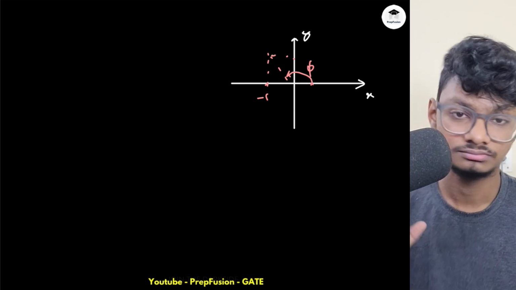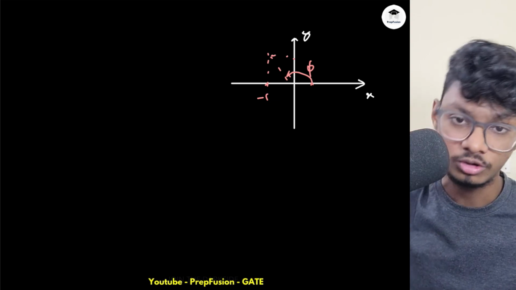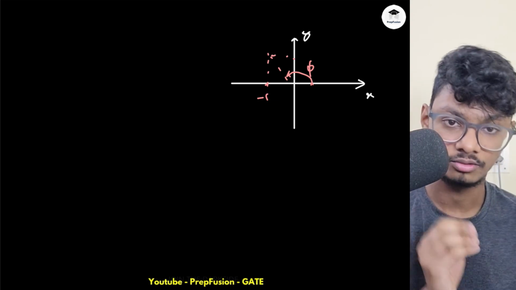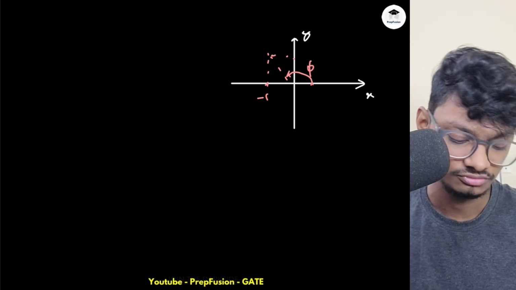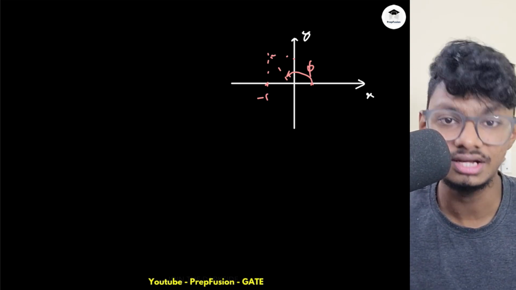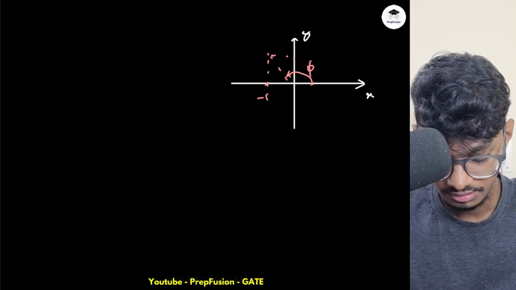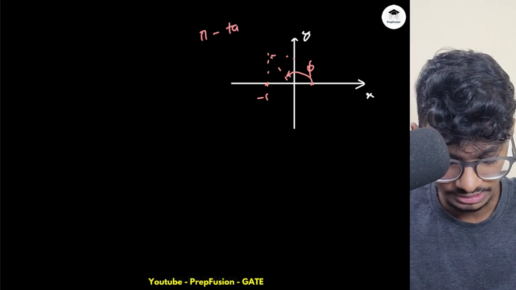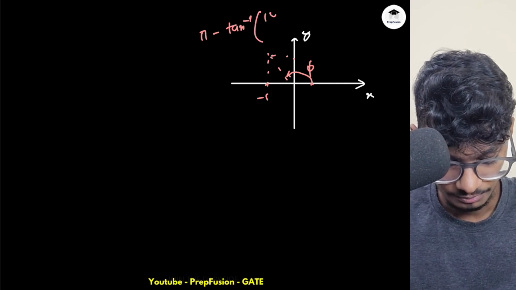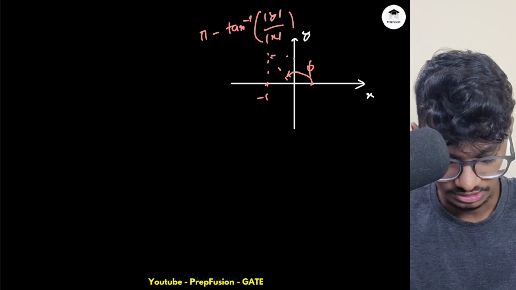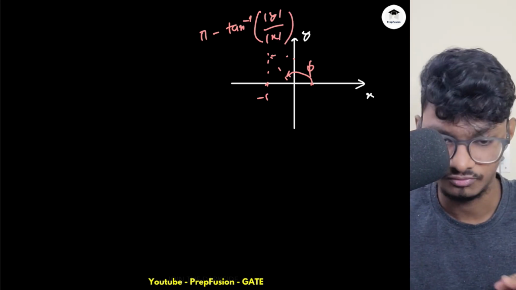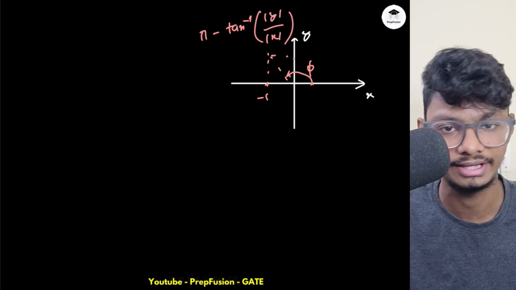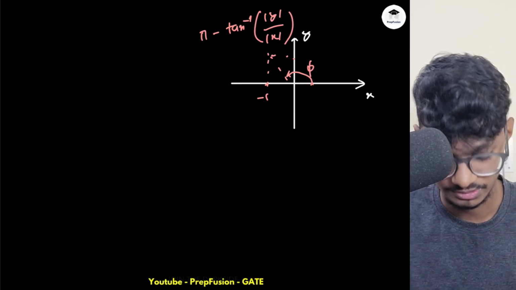If you have learned basics from me, I have taught you how to calculate angles multiple times, thousands of times. If I am lying in this second quadrant, then the angle formula will be simply pi minus tan inverse of magnitude of y by magnitude of x. Now you don't tell me how this formula came, because I have explained this multiple times in my previous lecture, so I will not explain it here.